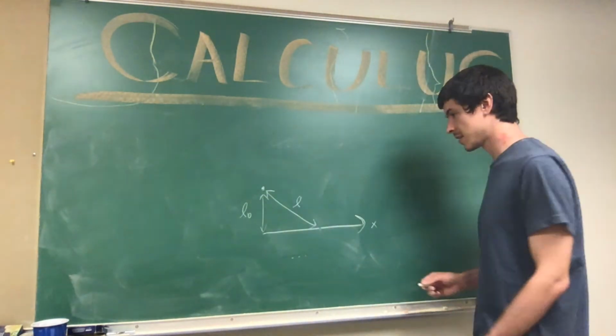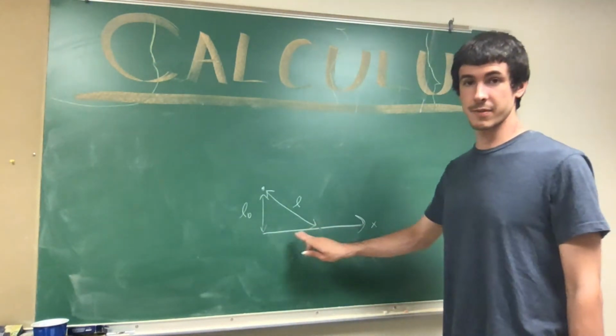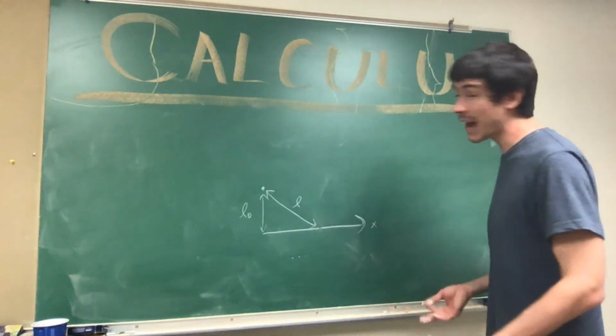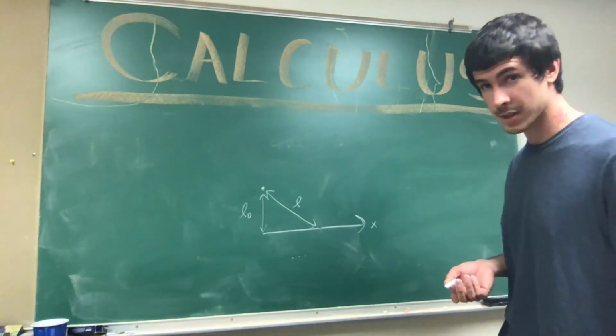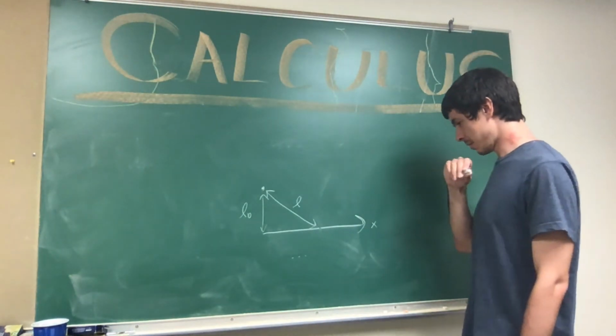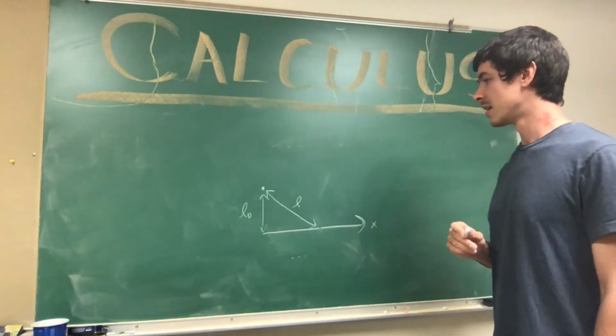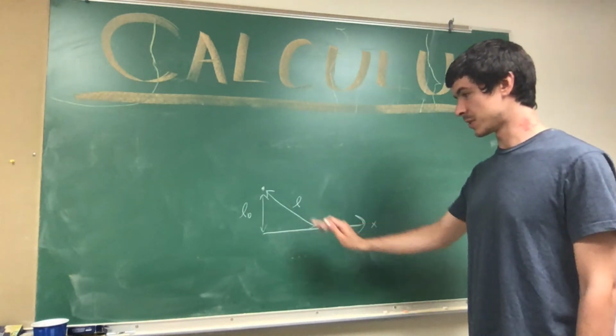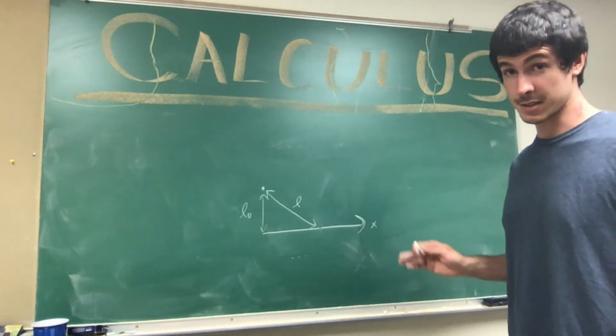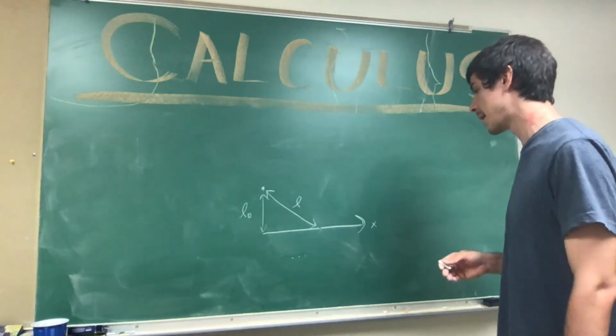And in fact, it's the hypotenuse of a triangle here. And so we actually could explicitly write out the dependence of L on x in this example, but it's actually easier to deal with the situation if we don't explicitly write it out, but instead use this implicit differentiation that we've been talking about.